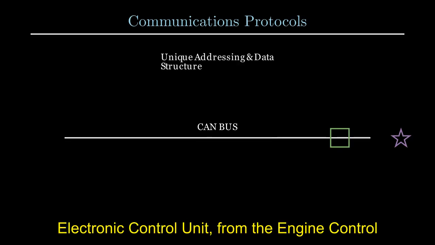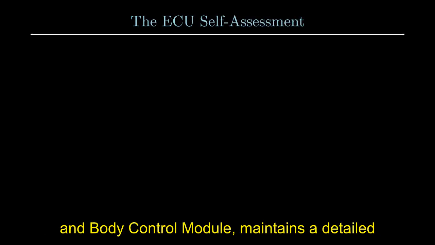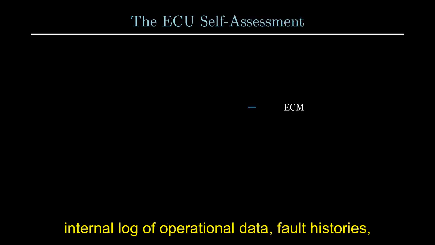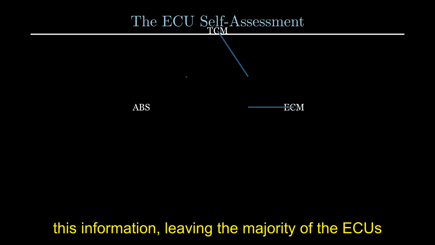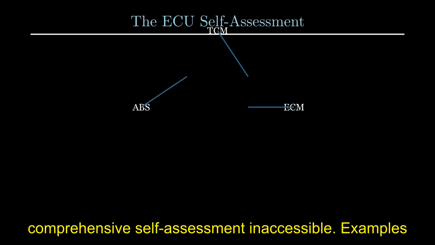Each electronic control unit, from the engine control module to the transmission, anti-lock brake system, and body control module, maintains a detailed internal log of operational data, fault histories, and component statuses. A basic scanner can only access the predefined, emissions-related subset of this information, leaving the majority of the ECU's comprehensive self-assessment inaccessible.